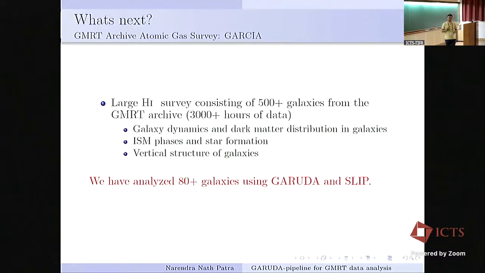These data will be uniformly analyzed to address pressing questions in galaxy formation in the context of HI, like galaxy dynamics and dark matter distribution in these galaxies. This will be by far the largest sample of HI we have in the community. So far we have already analyzed 80 plus galaxies using Garuda for data analysis and SLIP for imaging.